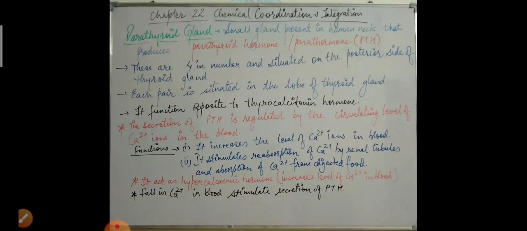That is, it increases the level of calcium ions in the blood. And when there is a decline in calcium ions in the blood, then this parathyroid hormone is stimulated and released from the parathyroid gland. So here we have covered the parathyroid gland.